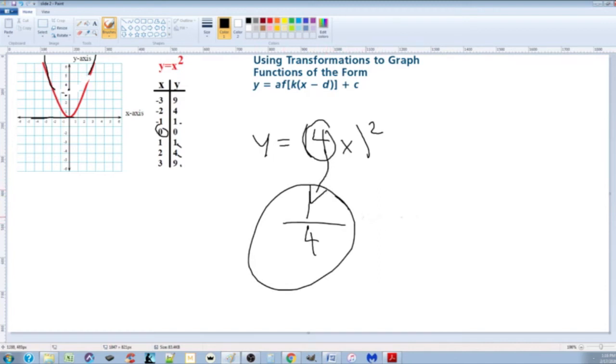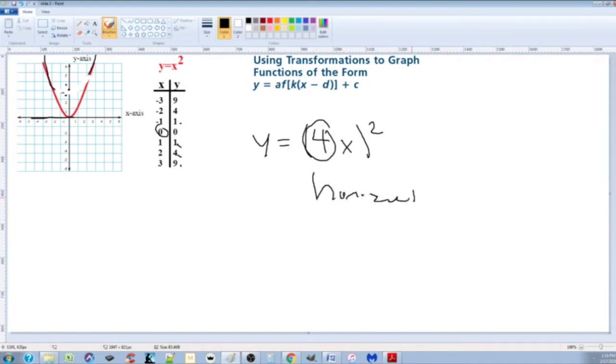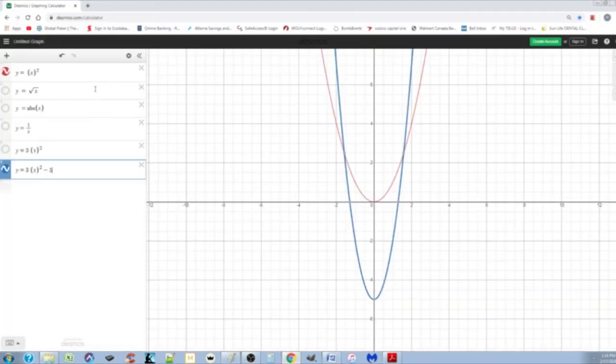And anything below 1 is called a compression. So this 4 in front of the x actually created a horizontal compression, which means it squished all the x values in this way. Now, you're going to say, well, that looks just like if I put this on the graph, here's the original, and now let me put a 4 inside the bracket.